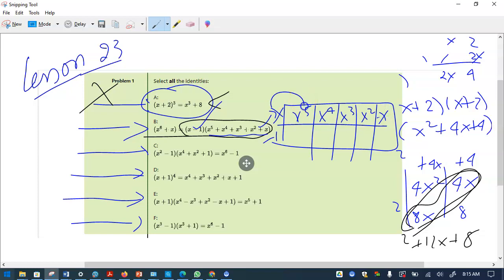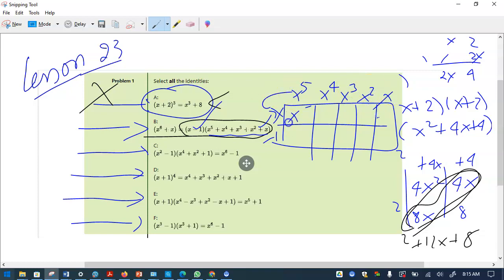I forgot, I should have written this outside and made a slight mistake there. So you need to write down x raised to 5 here, x raised to 4, x raised to 3, x squared, and x.